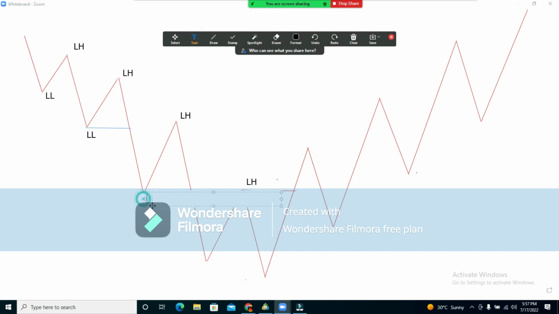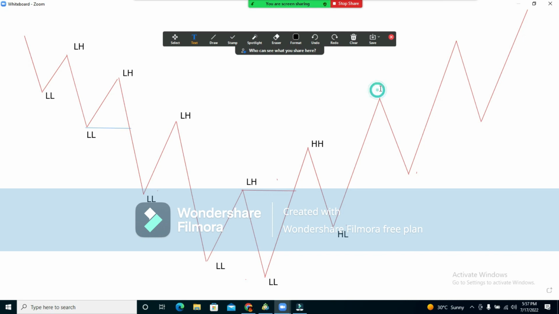Okay, let me just put it at the lower low. This one now is not high. This one is still lower low. So this one now is not higher low.